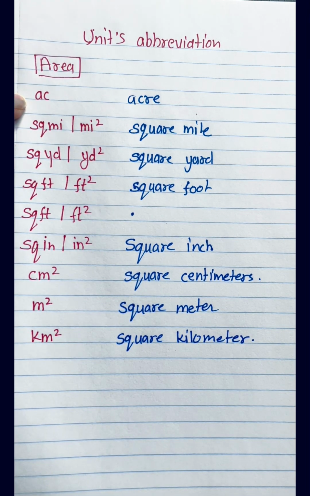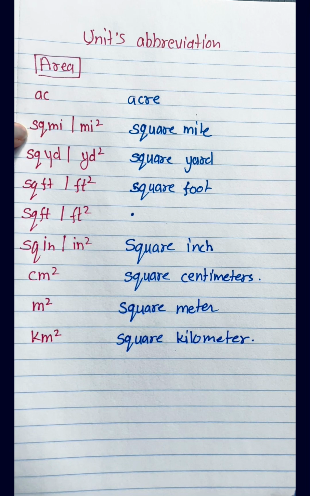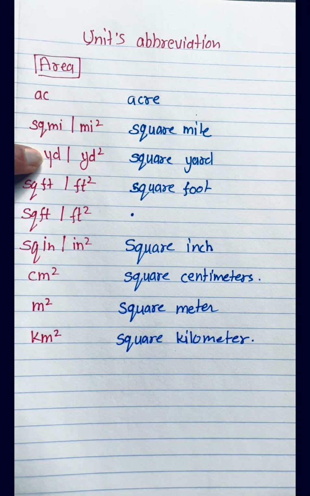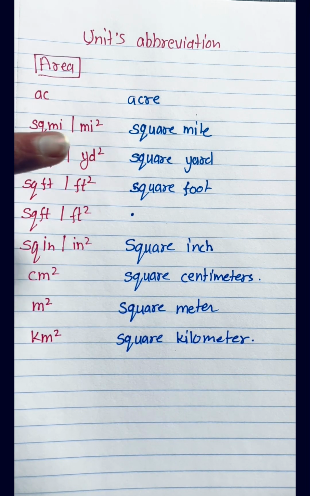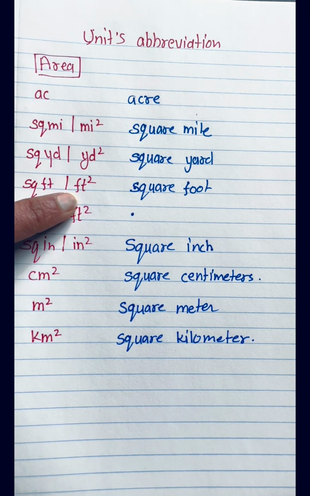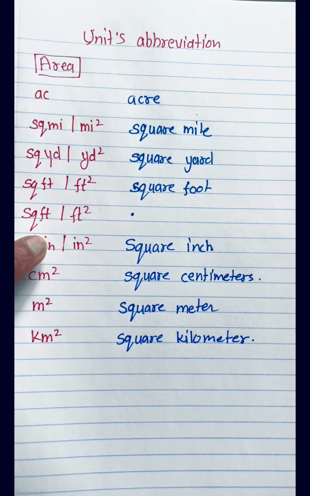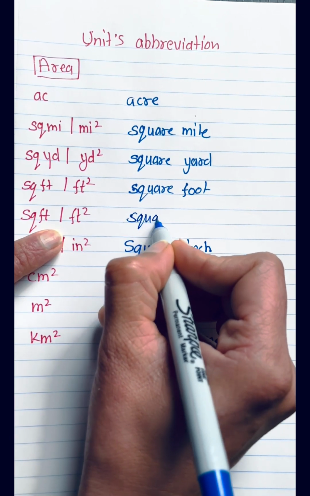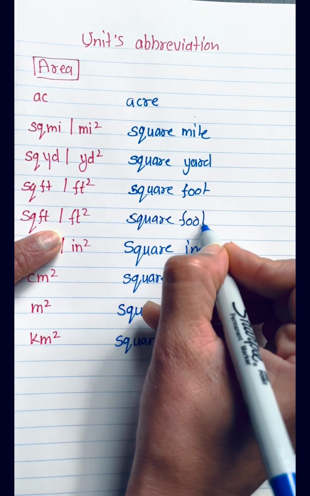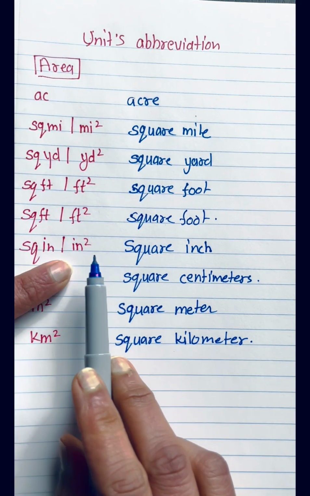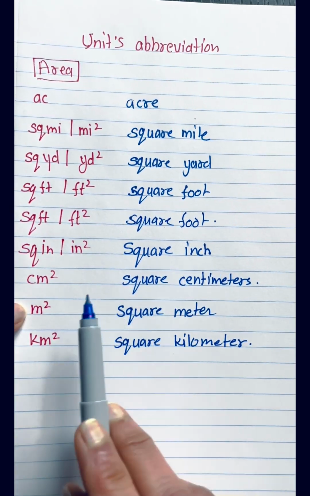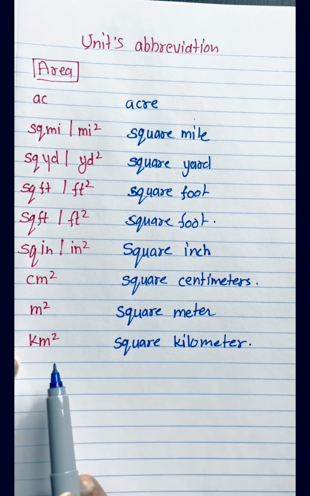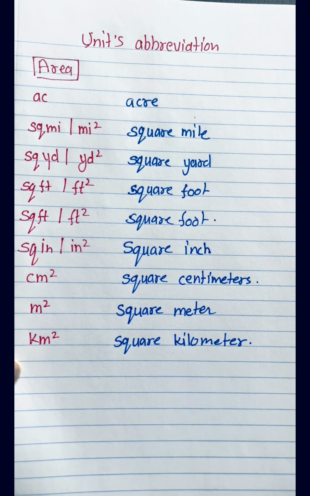So AC is acre, SQMI or MI square is square mile, SQYD or YD square is square yard, SQFT or FT square is square foot, SQIN or IN square is square inch, CM square is square centimeter, M square is square meter, KM square is square kilometer.